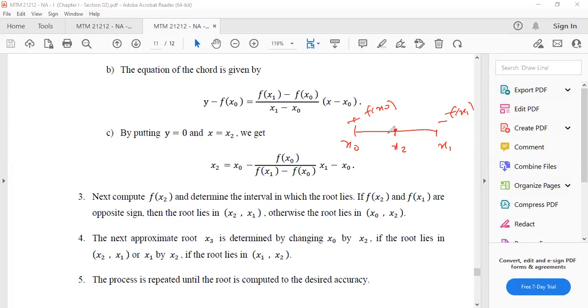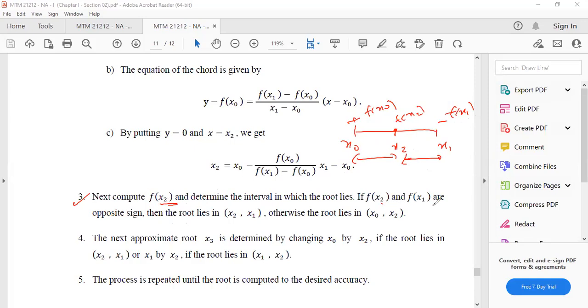To find out whether we take this interval or this interval, we have to go to step number 3, which says next compute f(x2), and determine the interval in which the root lies.